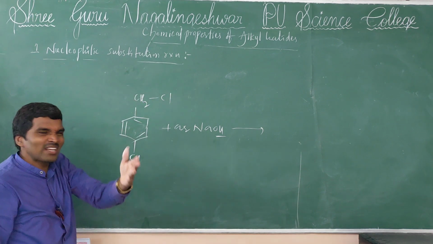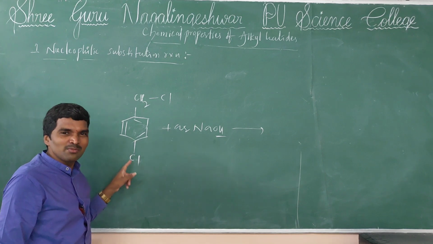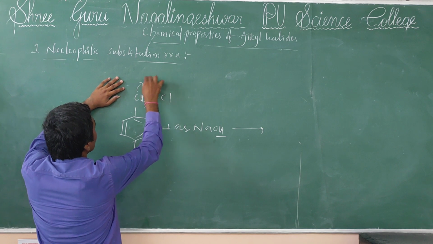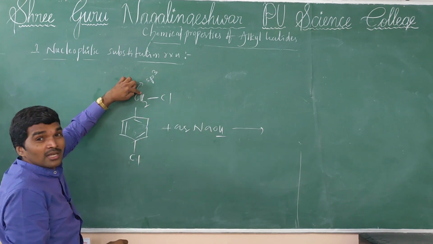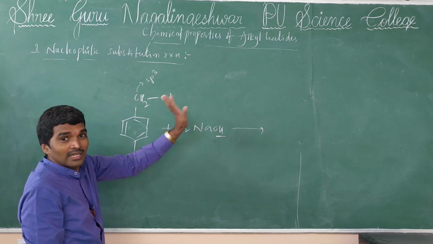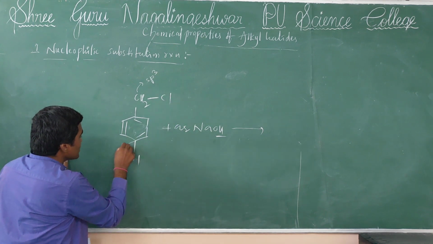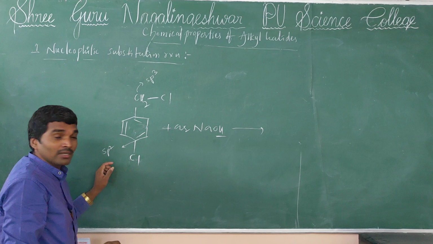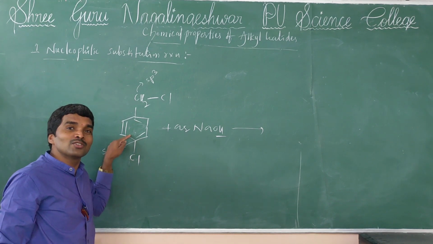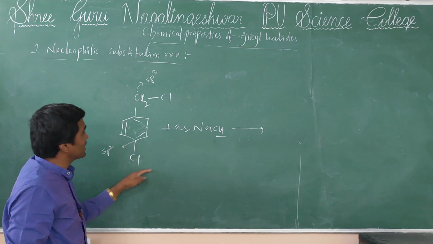Sir, already you told us that this cleavage is not possible. Then this cleavage is possible. Why? Because here chlorine is attached to sp3 hybridized carbon, less electronegative carbon. We can break the chlorine very quickly. But here chlorine is attached to sp2 hybridized carbon. S character is more, means electronegativity also more. So that's why we cannot break.